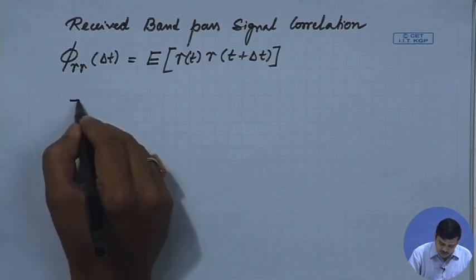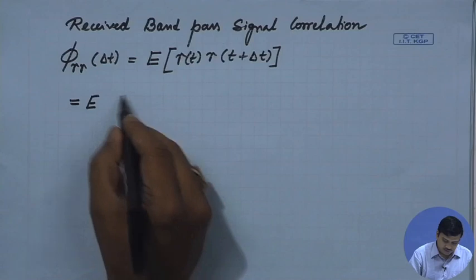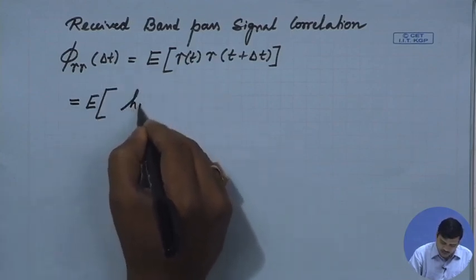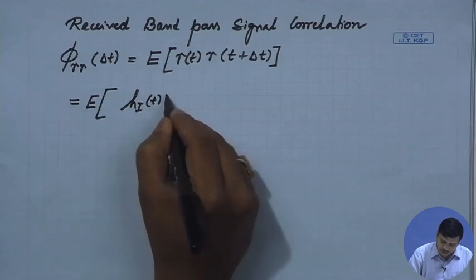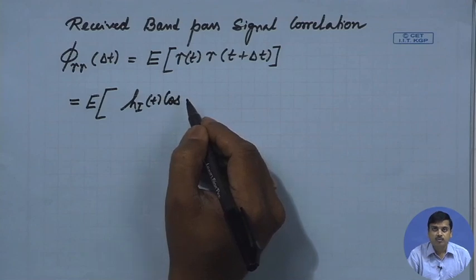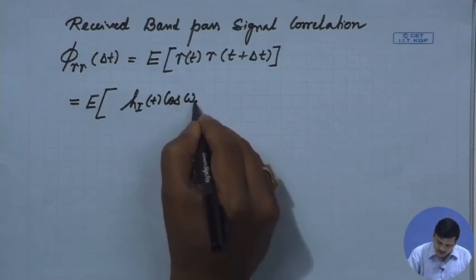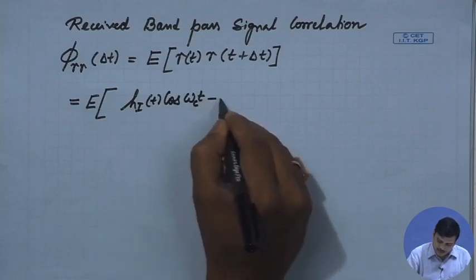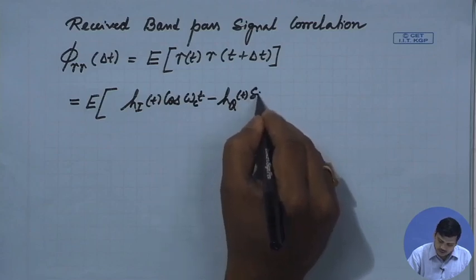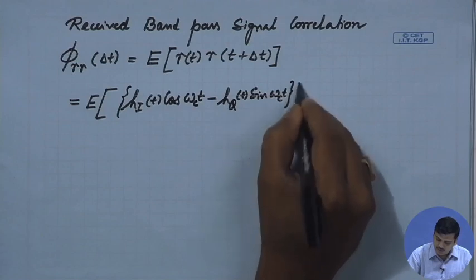So, if we expand this, I would put this equal to sign here, because that would help us have a lot of space over here. We would expand r of t. R of t would be h I of t cos, instead of writing 2 pi f c t, we will write omega c t, just so that it helps us reduce the space, omega c t minus h q of t times sine omega c t. So, that is the first component.